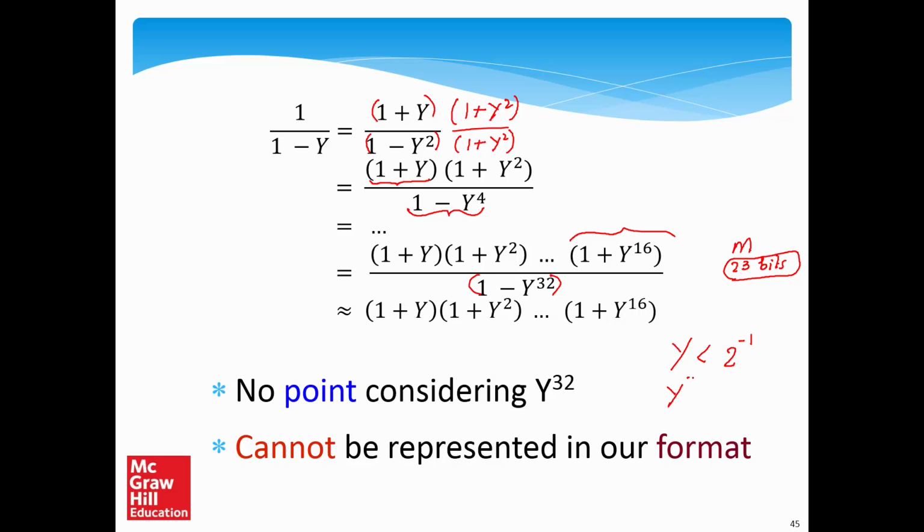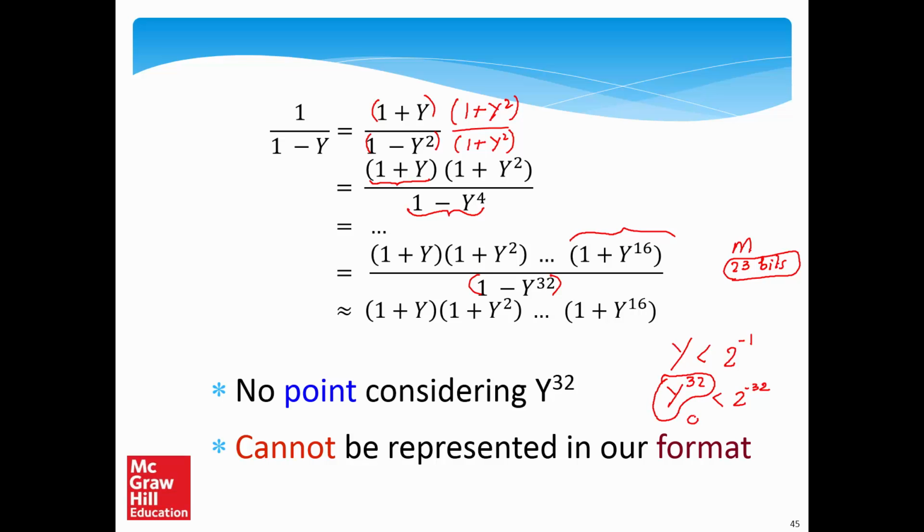So y to the power 32 is less than 2 to the power minus 32. If this number is less than 2 raised to the power minus 32, this is well outside 32 bits. So y to the power 32 in our system is practically 0.